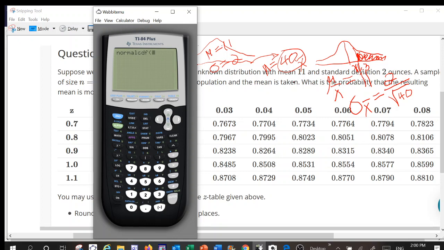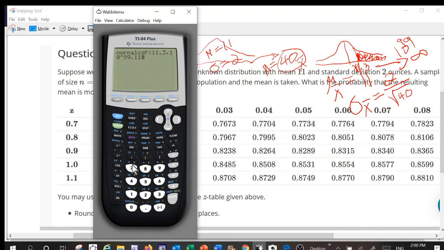And so the lower is 11.3. I forgot to put a comma. Okay. And the upper, this goes forever this way. So it's infinity, which for us is 10 to 99, right? So we do 10 to the power of 99. And then what's the mean of this distribution?